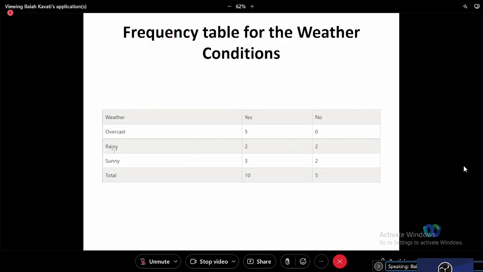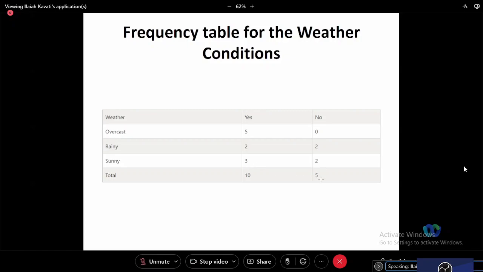If it is rainy, we already verified, right? From the data set, we can see that 2 times play was there and 2 times there was no play when the weather is rainy. And in the sunny situation, 3 times play was there and 2 times play was not there.